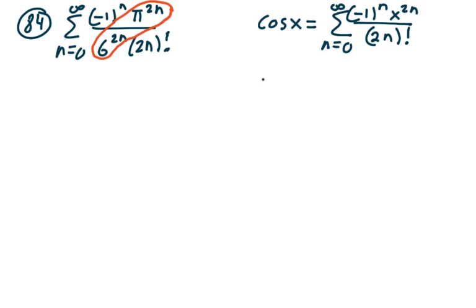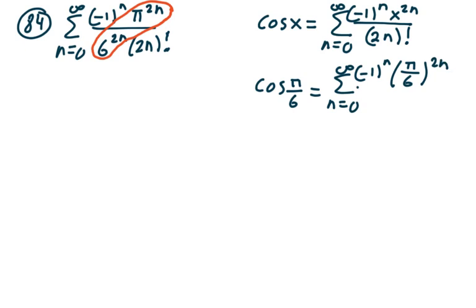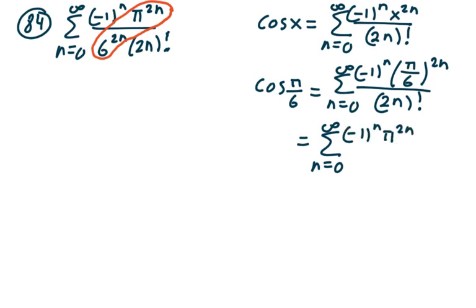Because now, look, cosine of pi over 6 is the summation from n equals 0 to infinity of -1 to the n times pi over 6 to the 2n divided by 2n factorial, right? But can't I write this as the summation from n equals 0 to infinity of -1 to the n pi to the 2n divided by 6 to the 2n times 2n factorial?